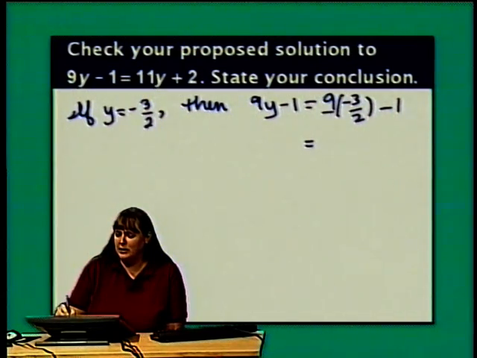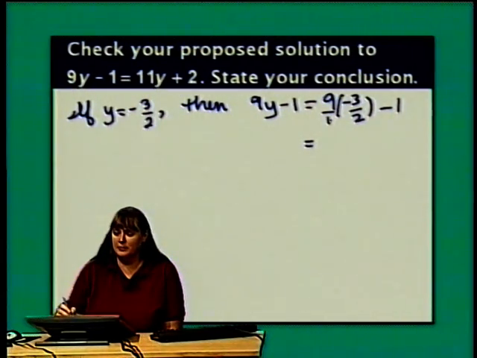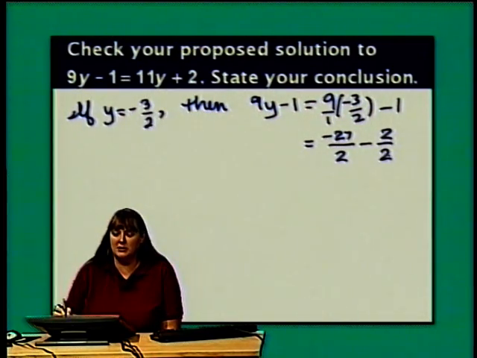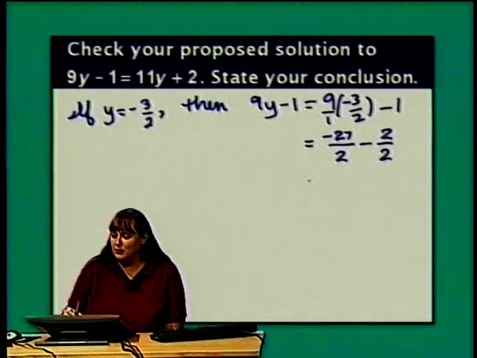I'm going to go ahead and write 9 as 9 over 1, since I'm going to be multiplying fractions. Multiplying the numerators, 9 times negative 3 is negative 27. Multiplying the denominators, 1 times 2 is 2. And 1 I can write as 2 over 2, which will give me a common denominator. Negative 27 halves minus 2 halves is negative 29 halves.